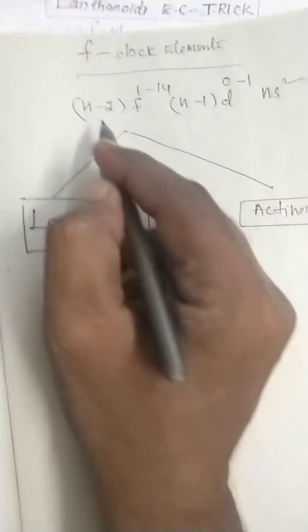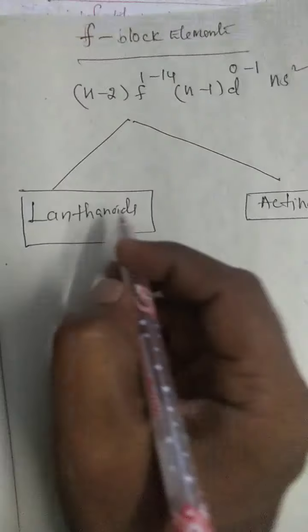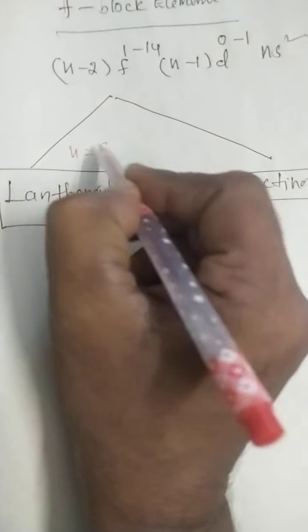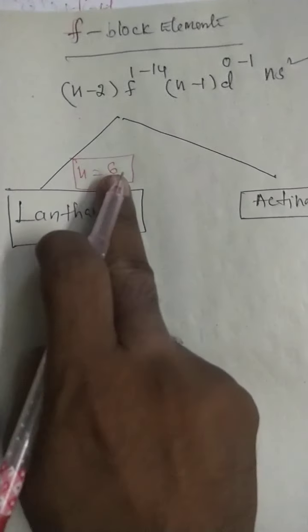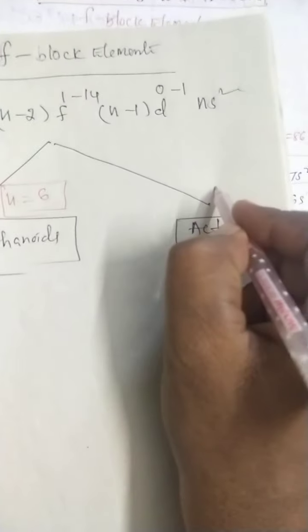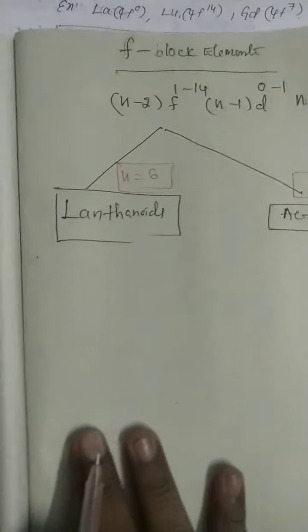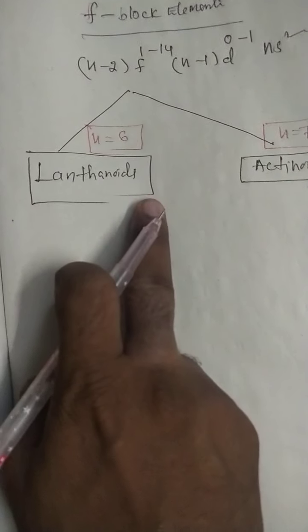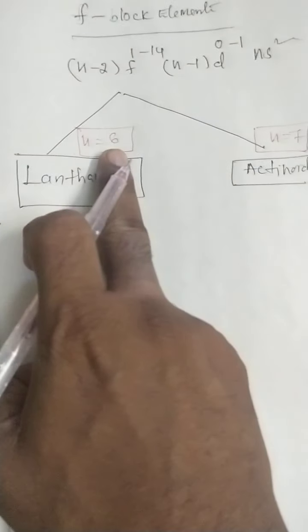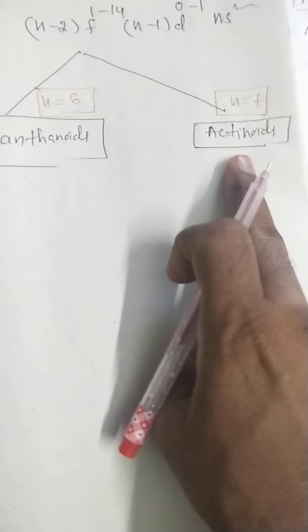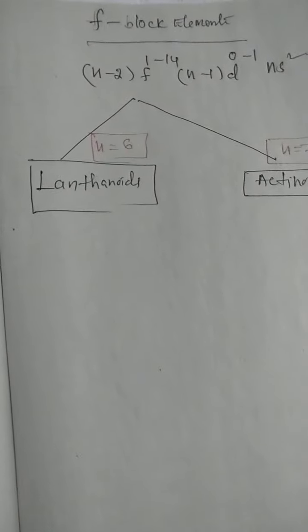In the lanthanides, because they are present in the sixth period, the n value is 6. For actinides the n value is 7. The lanthanides are located in the sixth period, group 3, and actinides are located in the seventh period, group 3. Group number is the same, but period number is different.